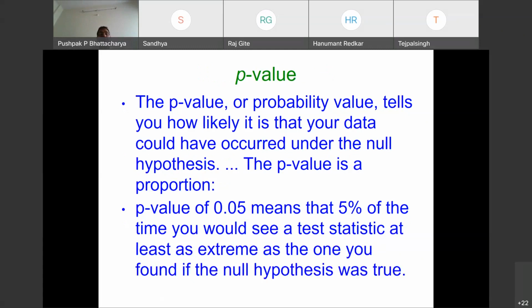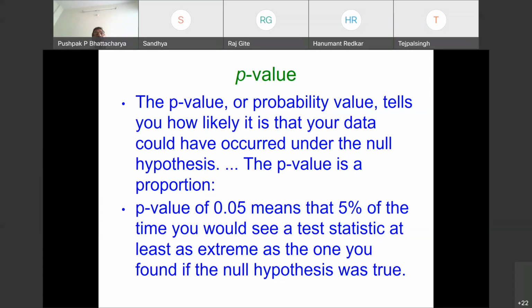Then there is this notion of p-value, which is also an important quantity. So the p-value or the probability value tells us how likely it is that our data could have occurred under the null hypothesis. The p-value is a proportion. We have seen p-values many times in the ML papers, with a p-value of so and so.